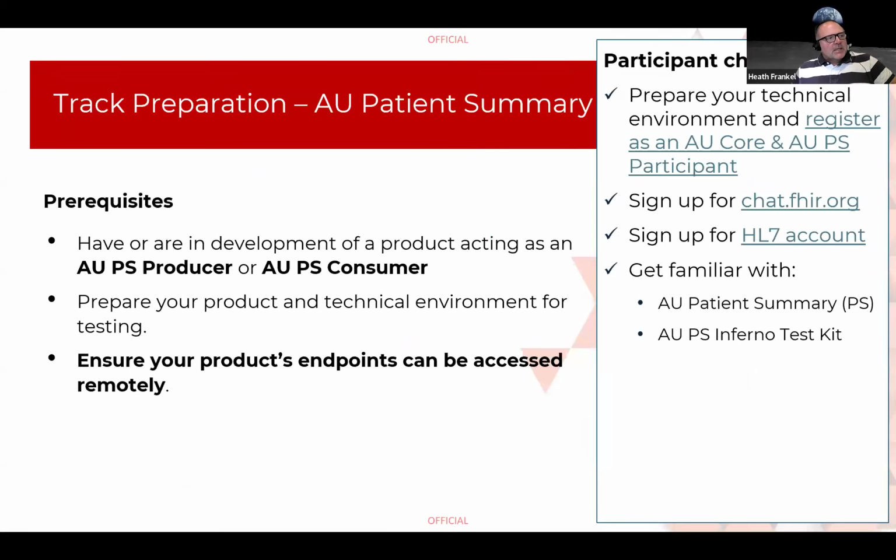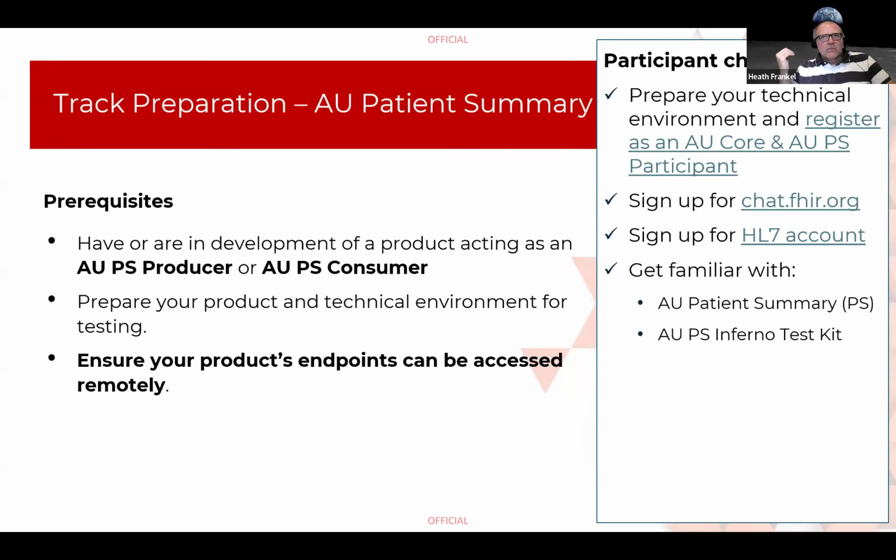Prerequisites, basically, if you've got a product that you're looking to support as an AUPS producer or an AUPS consumer, whether it's in finalized product or just in development or just want to play around in that space, you're more than welcome to bring that along. Just make sure that your endpoints, etc., are accessible.